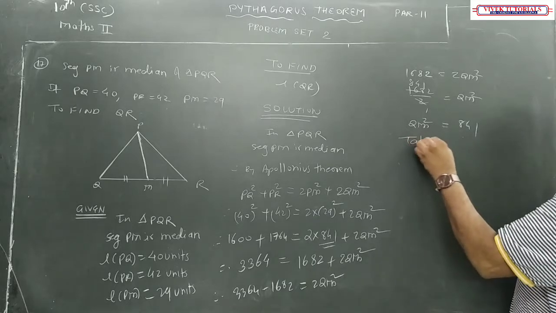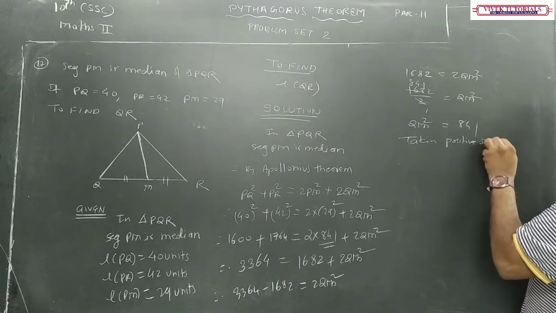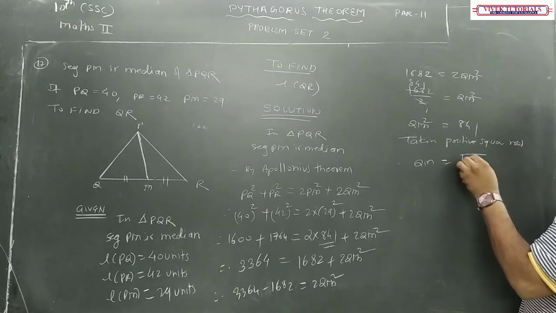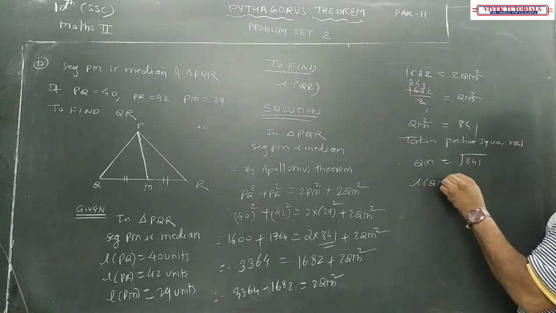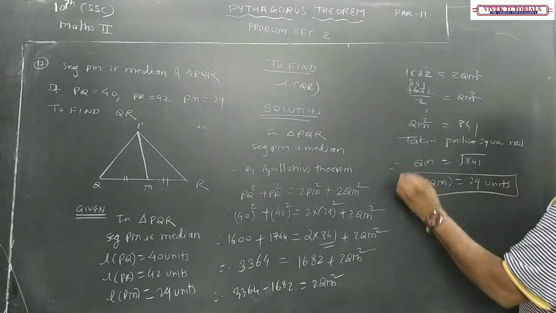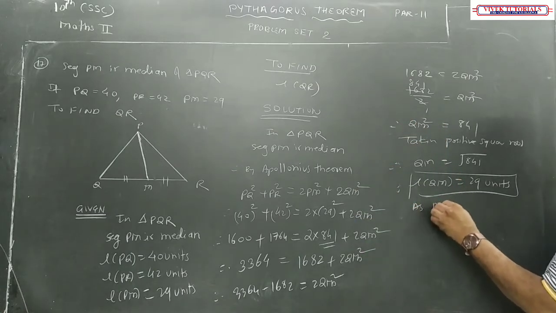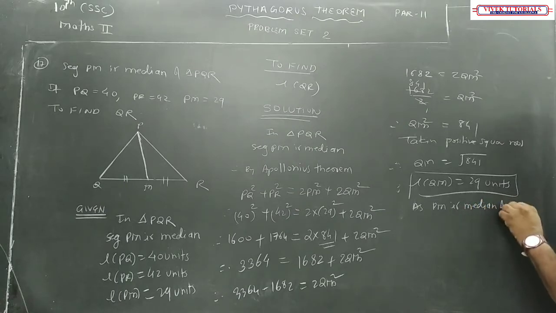So what I would write, taking positive square root, QM is equal to root of 841, or length QM is 29 units. Okay, but they have not asked you QM, they have asked you QR, as PM is a median of triangle PQR.